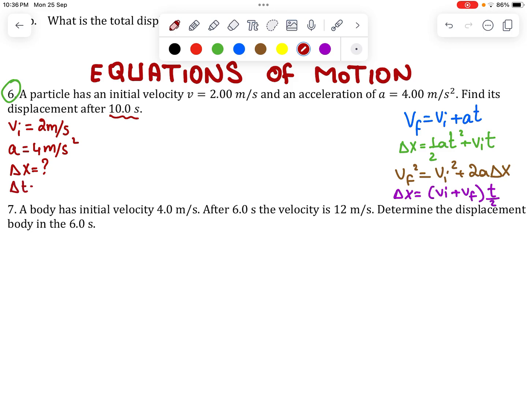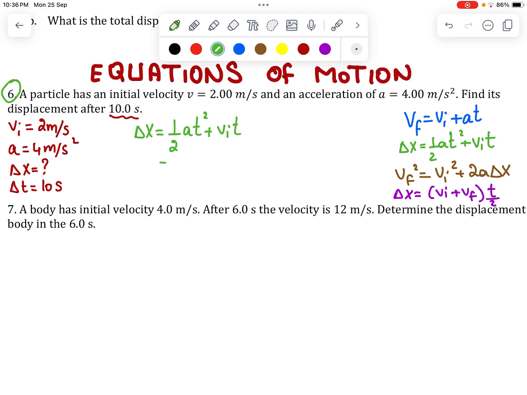a time interval of 10 seconds. So given all these formulas, I will choose the green formula, which is this one. I'll write it down as delta x equals 1 over 2 a t squared plus v initial t.